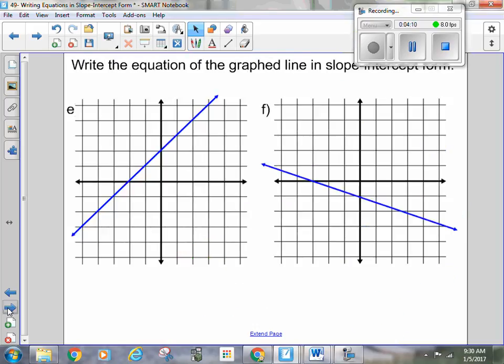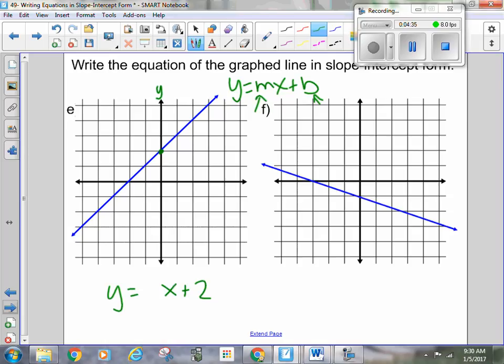Okay. E and F are writing the equation of the graphed line in slope-intercept form. So y equals mx plus b. We need to find our slope and our y-intercept. Okay, y-intercept is where it crosses my y-axis, which is my vertical one. Okay, and so that's up at positive 2.